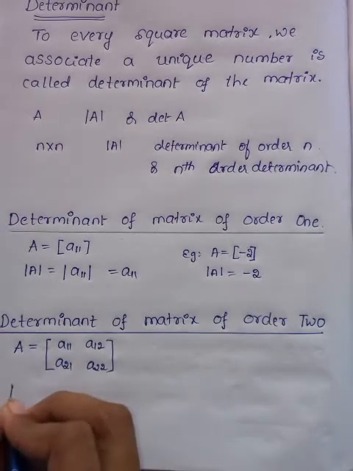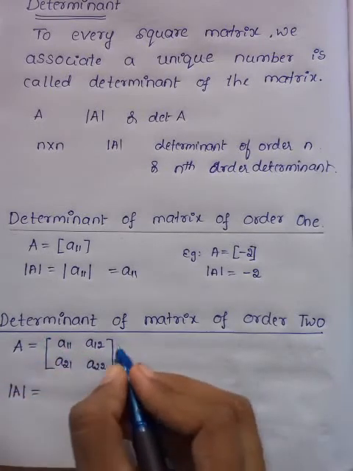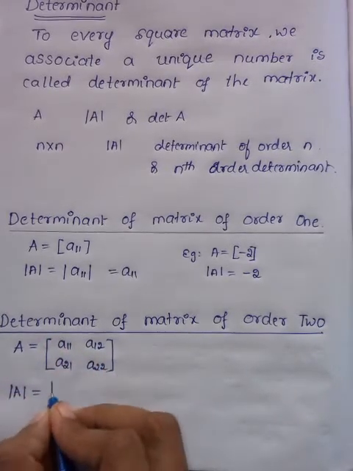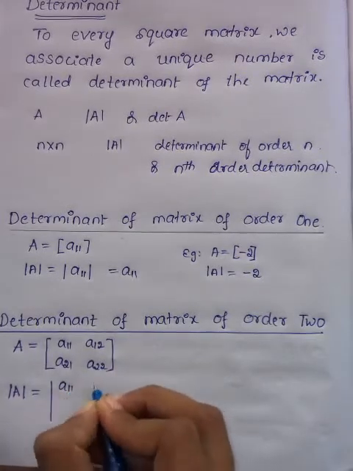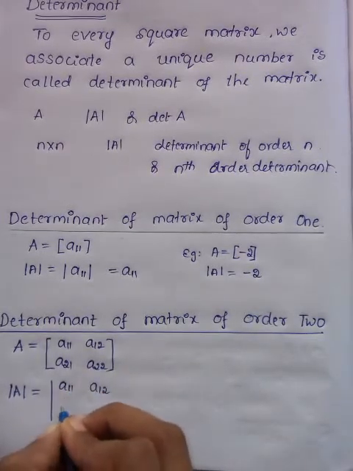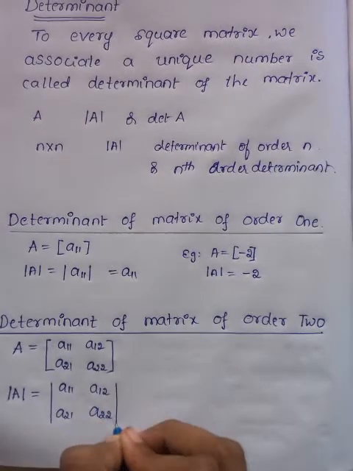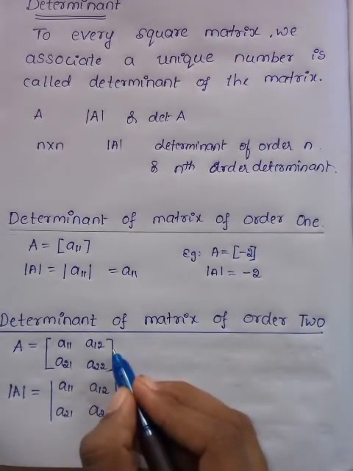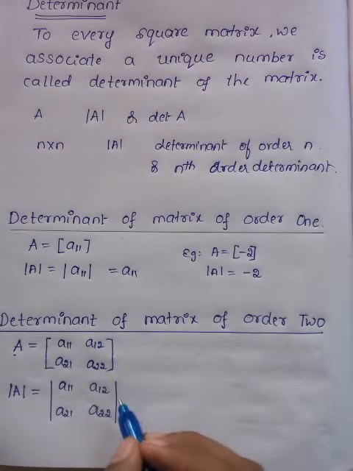Now, determinant of this square matrix will be, replace this square bracket by vertical line, that is a determinant. A11, A12, A21, A22. See, here this is a bracket, so it is a matrix. Here vertical lines instead of bracket, that is a determinant.